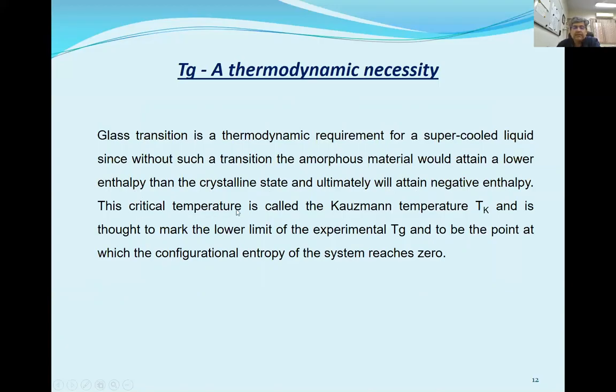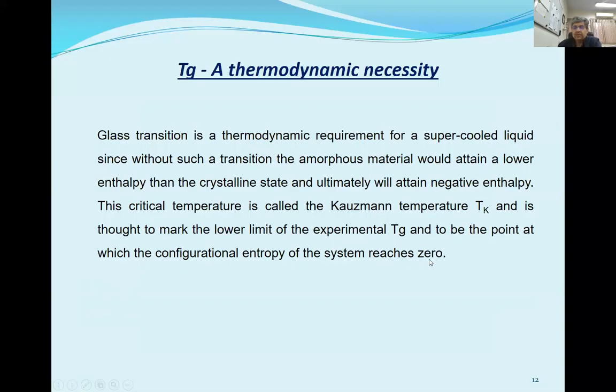The critical temperature at which this would happen is called the Kauzmann temperature, or the TK, and is thought to mark the lower limit of the experimental glass transition temperature, and to be the point at which the configurational entropy of the system reaches zero.